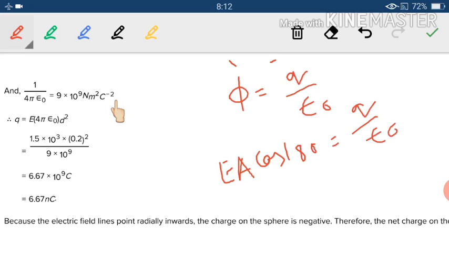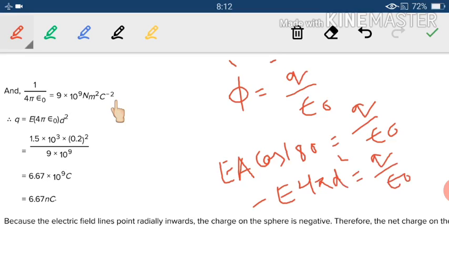Is that clear? So finally we'll have minus EA. What is A? Surface area of the Gaussian surface. So it will be 4 pi d square, equal to Q upon epsilon naught.